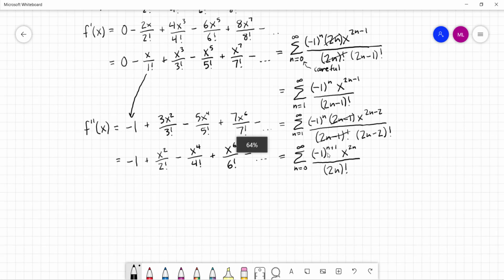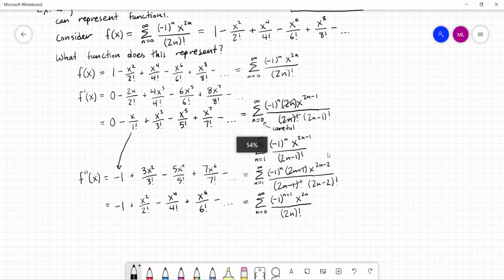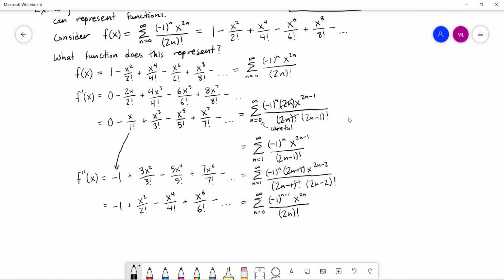So, long story short, what was the whole point of this? I want to compare these. How does f of x compare to f double prime of x? Well, if I look at the individual terms, I'll notice I had a 1 here, but now it's a negative 1.